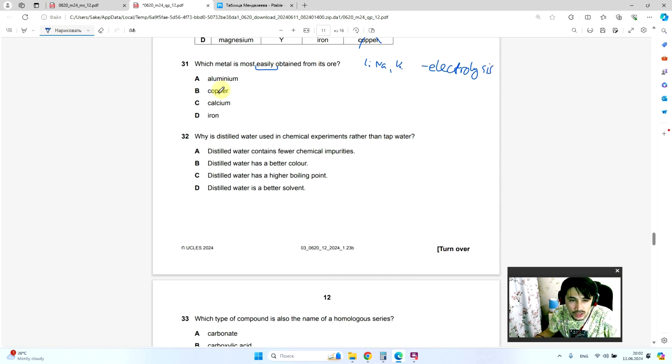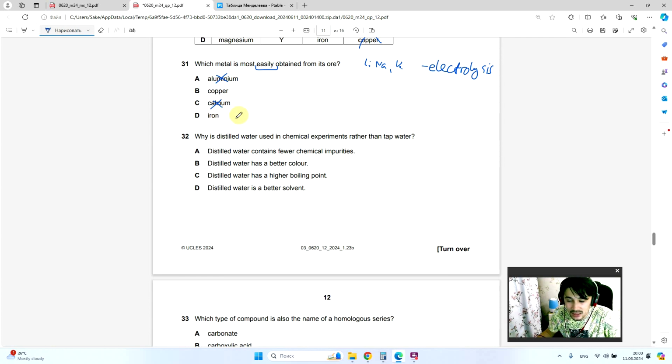So you can cancel out all of the options containing reactive metals, so aluminium, calcium, and check these two metals, copper and iron. You need to pick the least reactive metal from this list, and this metal is obtained from its ore more easily. So memorize that rule: please stop calling me a careless zebra, instead learn how copper saves gold.